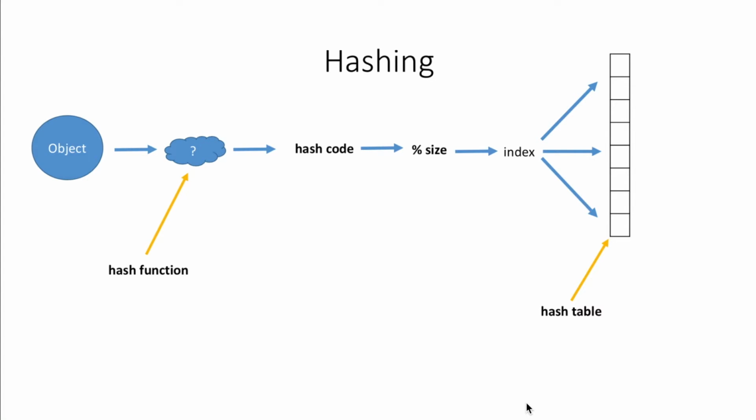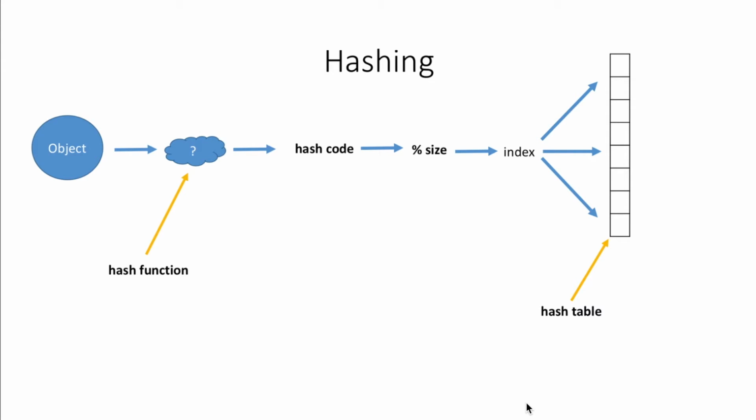Now, no hash function is perfect, and obviously when given more and more objects, there will be collisions. And a collision is when different objects map to the exact same index. So somehow we have to handle it. If we get object O1 and object O2, and they both map to index 3, for example, we have to store both of these objects at index 3.